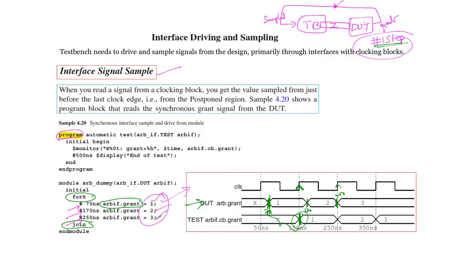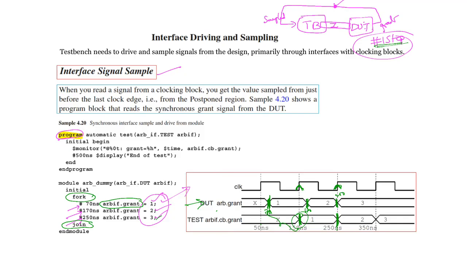And again at 170 nanoseconds the grant signal changes, but it has effect at 250 nanoseconds. Why does it change exactly at the clock edge? Because the grant signal is a synchronizing signal defined in the clocking block.